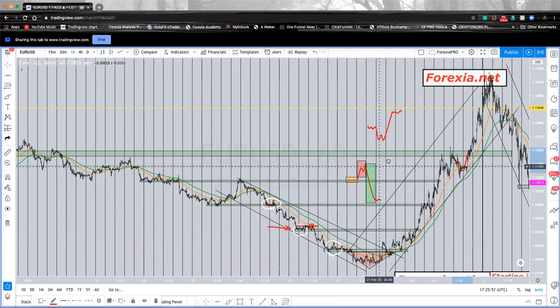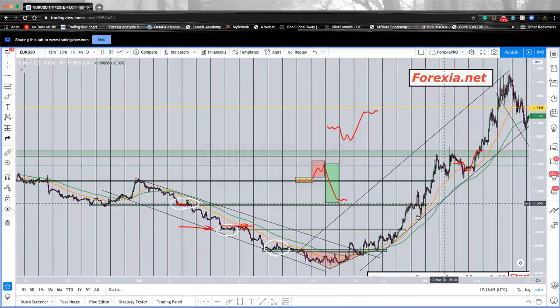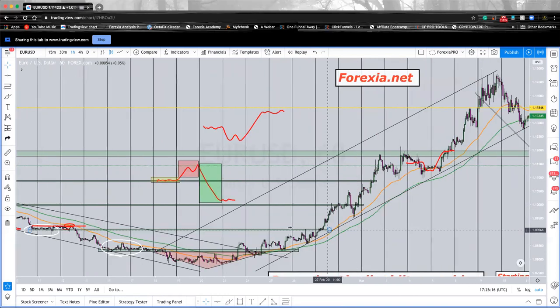Now, take all these zones that I drew here, where retail traders take it as support and resistance. On their way to the upside, notice how those same zones get trapped every single time, trapping traders into the wrong position.